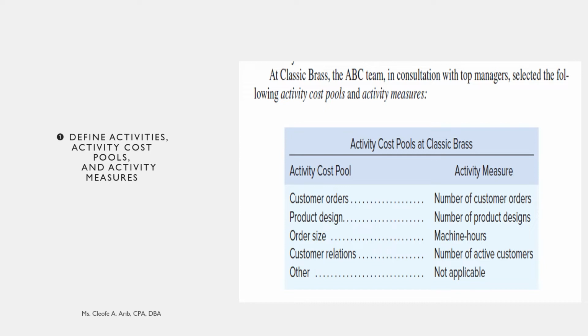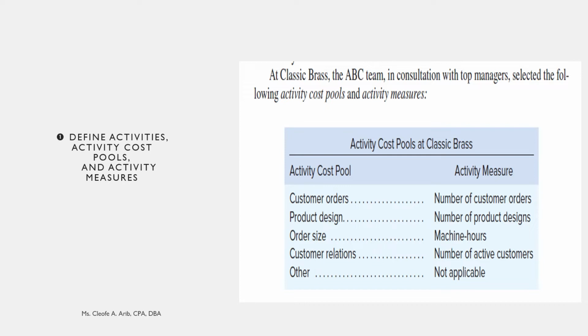What about the other? The other cost pool will be assigned all overhead costs that are not associated with customer orders, product design, the size of the orders, or customer relations. This cost mainly consists of organization sustaining costs and the costs of unused idle capacity.